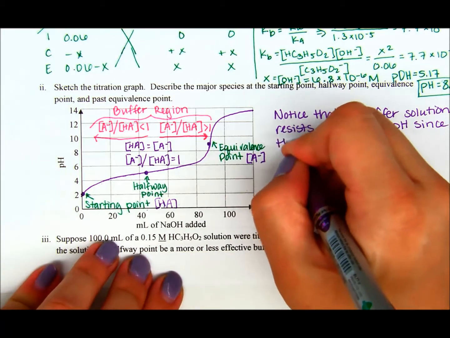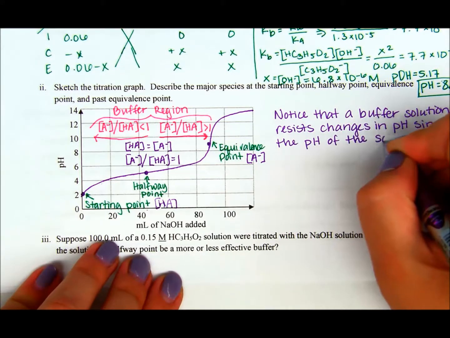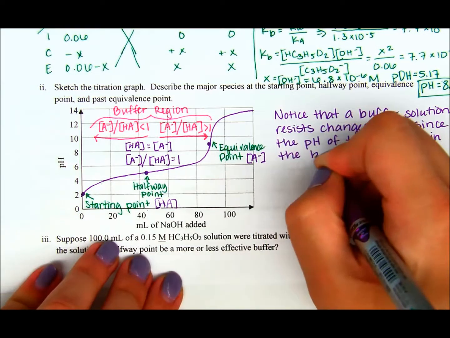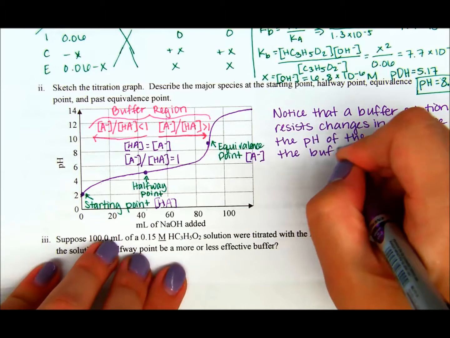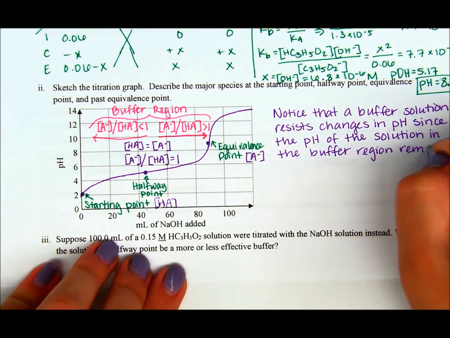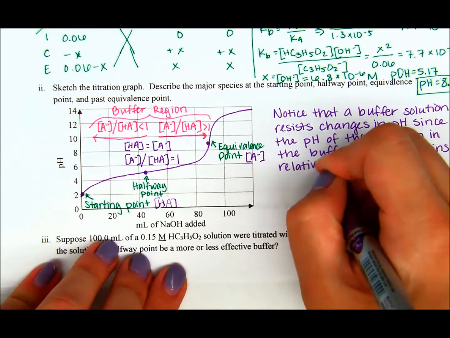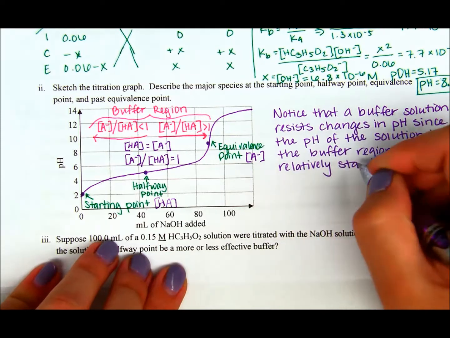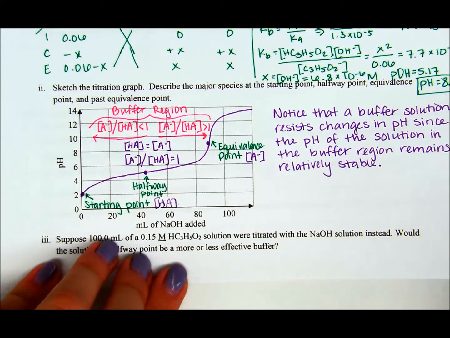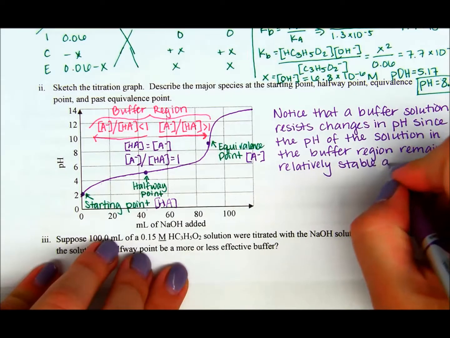And that's since the pH of the solution in the buffer region remains relatively stable as acid or base is added to it.